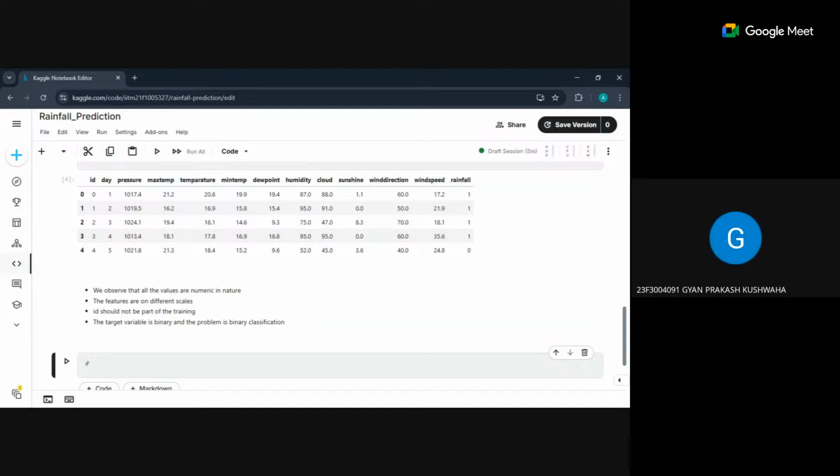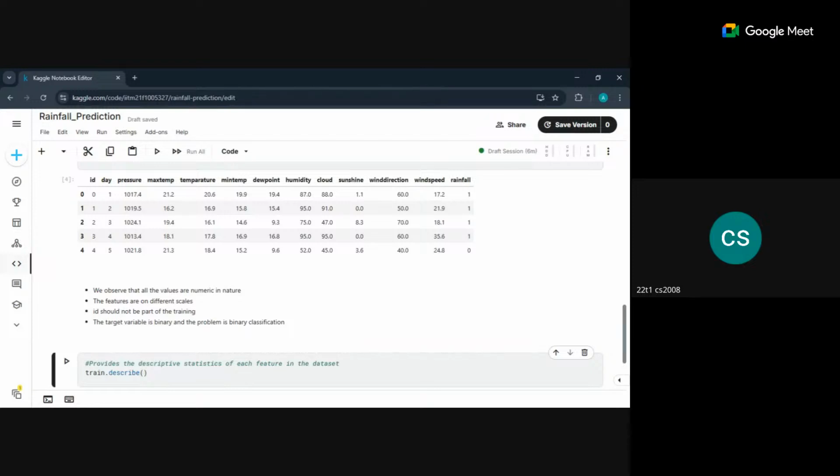train.describe. First tell me what it does. It provides a summary of each feature in the data set. What kind of summary? Descriptive statistics of each feature in the data set.